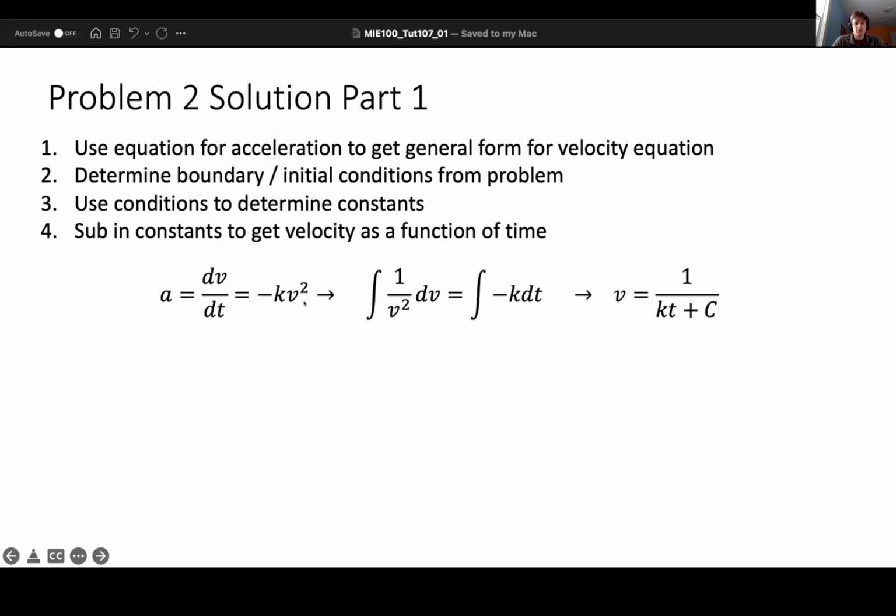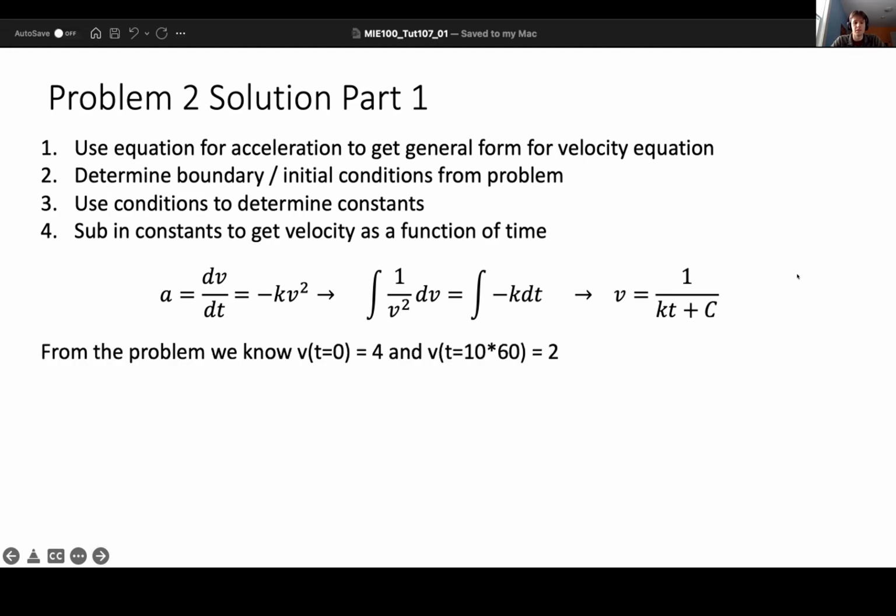We rearrange to get this into a form with velocity along with the dv, and then dt along with k. And we integrate. After that integration, we have a general form for the velocity equation as a function of t and these two constants, k and c. These constants aren't known, so we have to use boundary or initial conditions from the problem to get them.